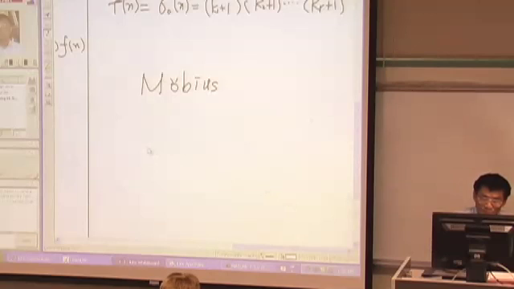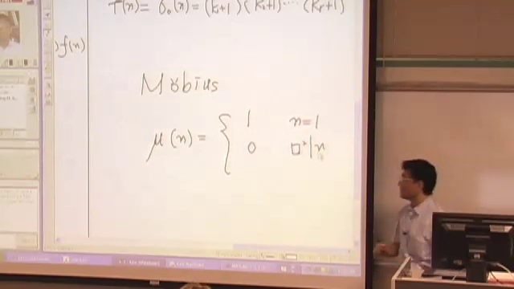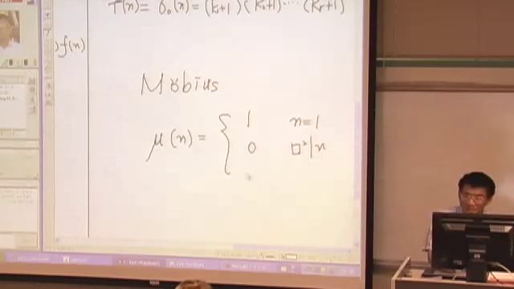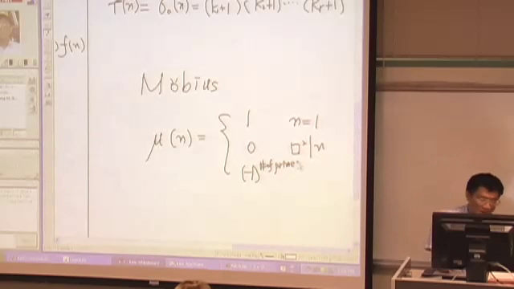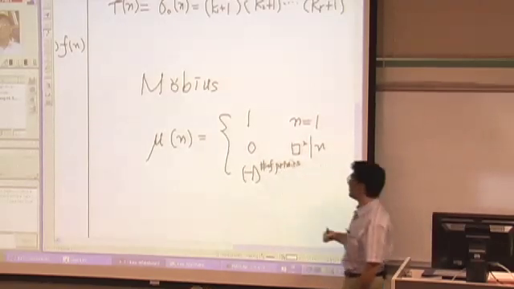It is the mu function. Mobius mu function of n is equal to 1 if n is equal to 1, and 0 if any square divides the number. Otherwise, it is minus 1 to the power of the number of distinct primes dividing the number.